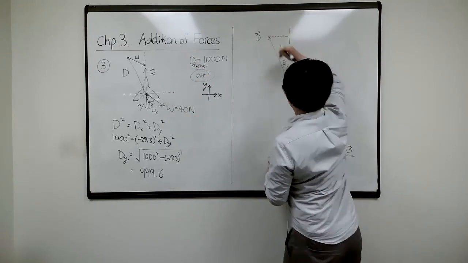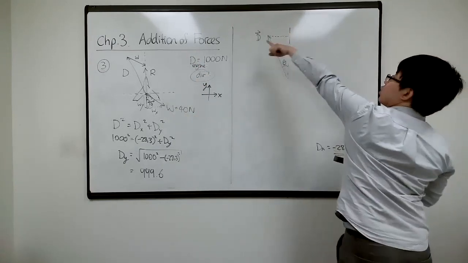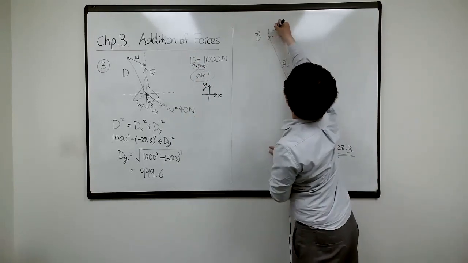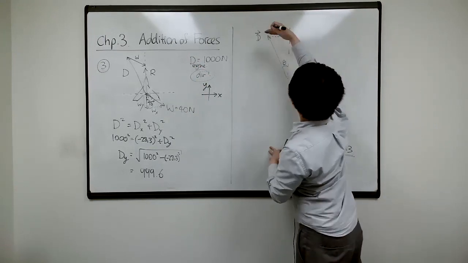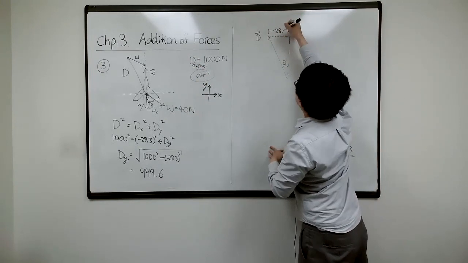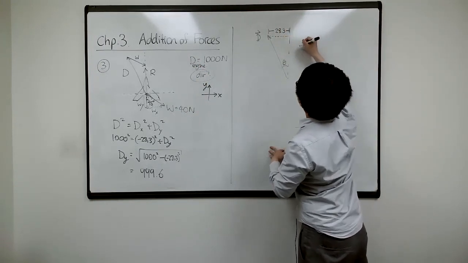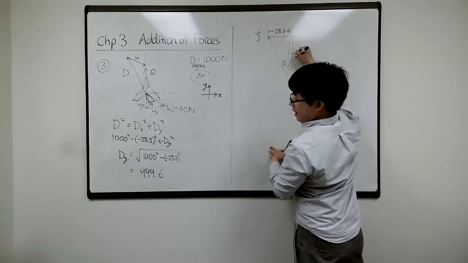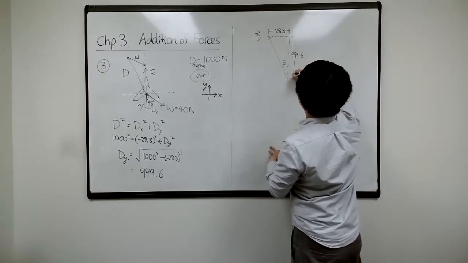Also, dx here is minus 28.3. So this length over here, I know that's a negative, but basically the length of the x direction is 28.3, and over here is 999.6, right? Kind of makes sense.